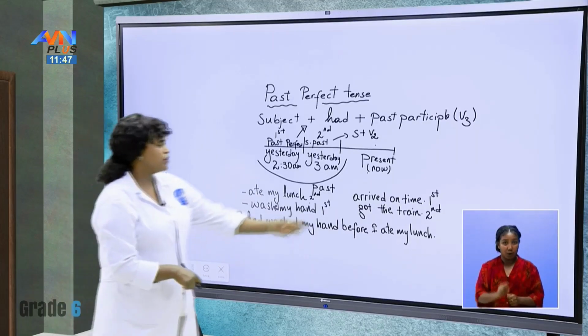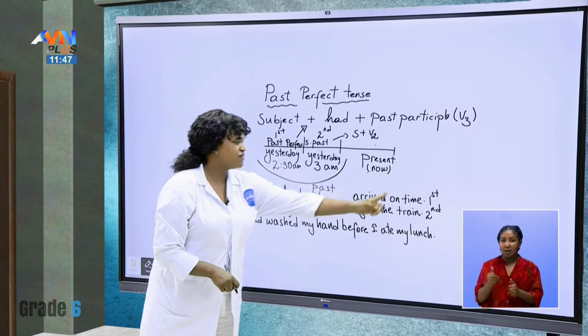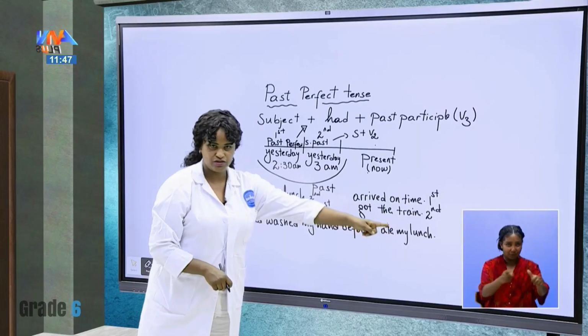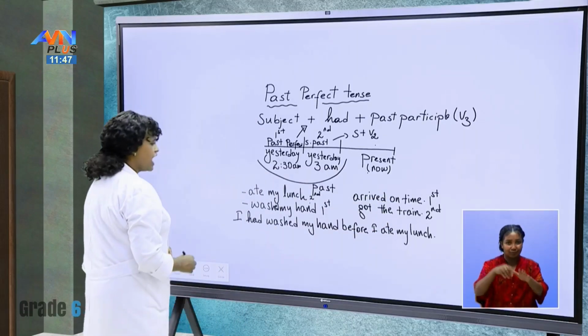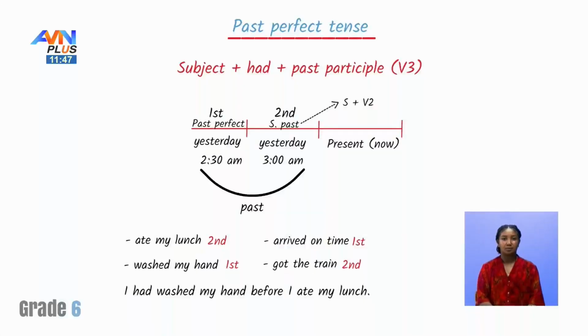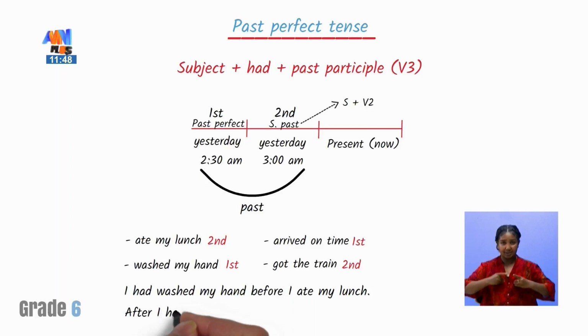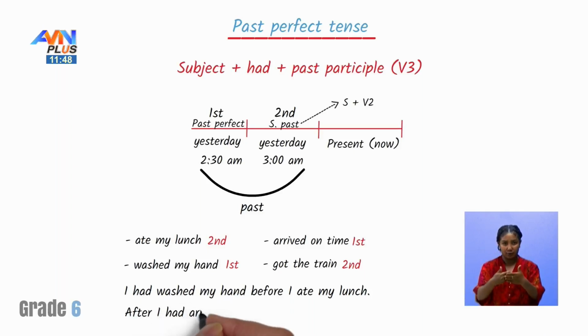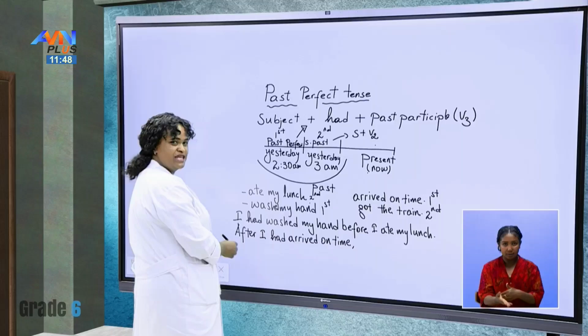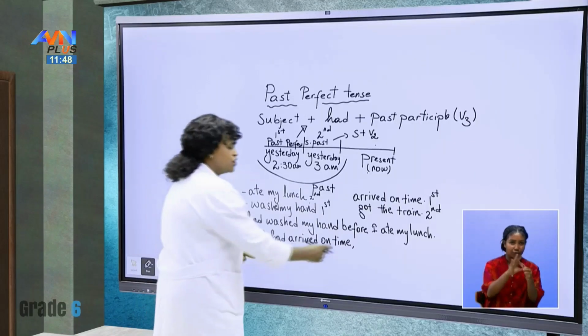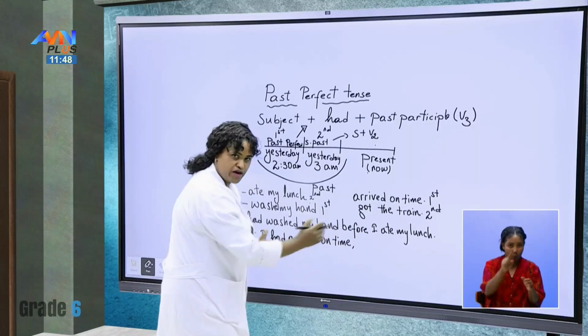How about this one? We said arrived on time is the first action, right? This time let us use after. After I had arrived on time, then, since our conjunction is at the beginning of the sentence, we need to use a comma to separate the two clauses.